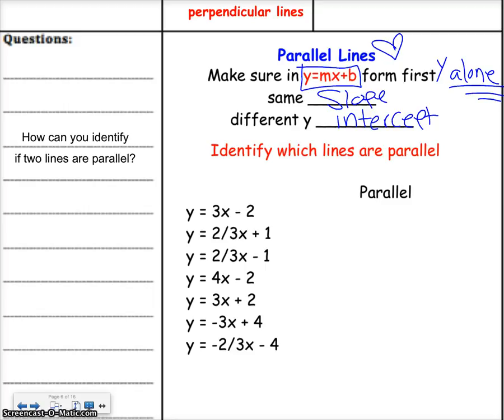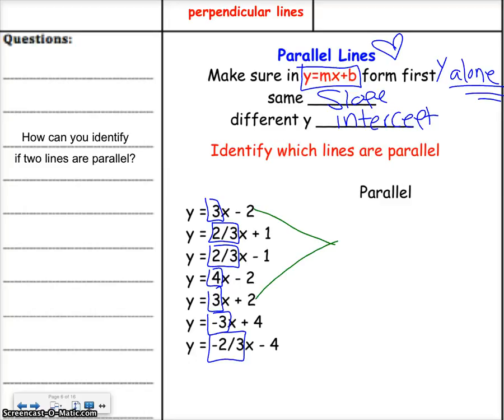What I'm going to do is box off all my slopes. Box, box, box, box, box, and box. And now I can compare. Parallel lines have the same slope. So which ones have the same number in front of x? Let's see. Hey, these two have the 3, so these two are parallel, right?